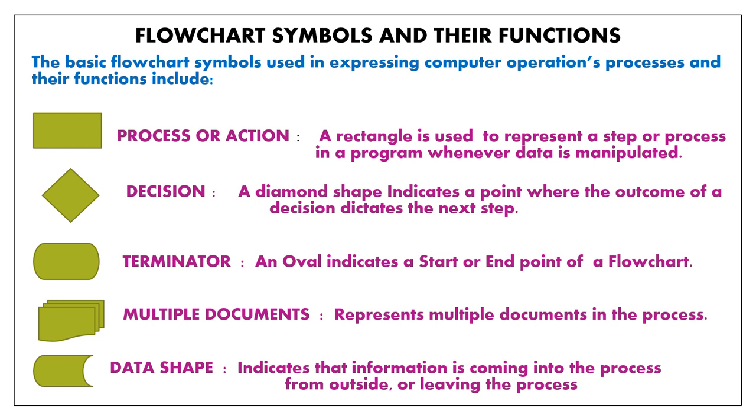I have another one, decision. What does decision do? Decision is represented in a diagonal, in a diamond shape. The diamond shape indicates a point where the outcome of a decision dictates the next step. Just like what you do in a normal life setting, I need to achieve an objective.